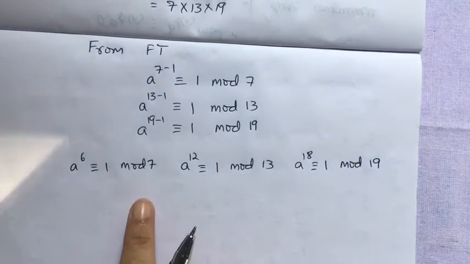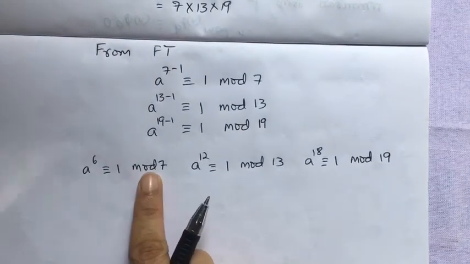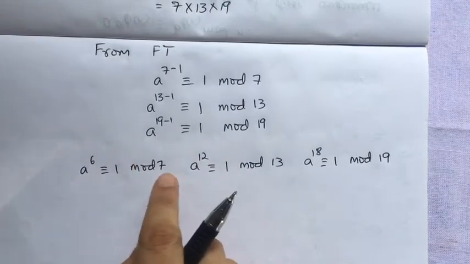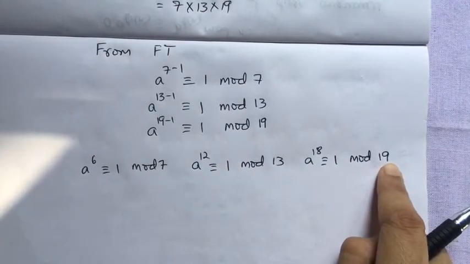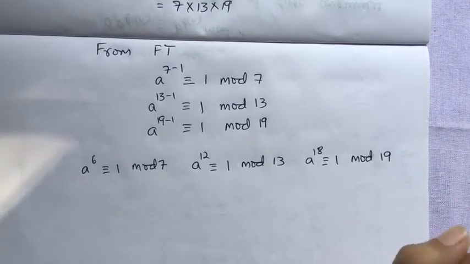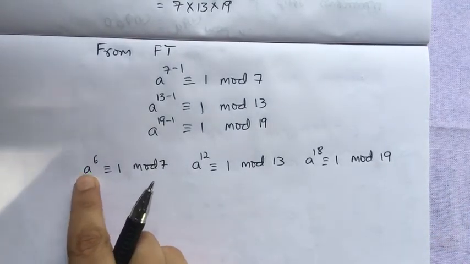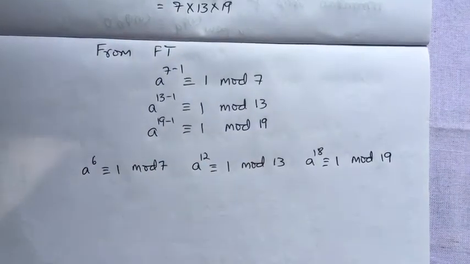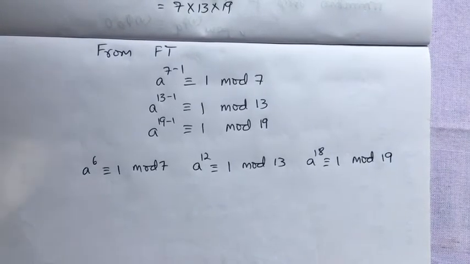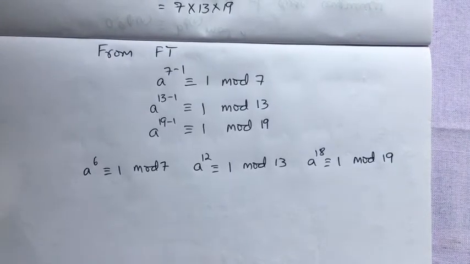Since a is relatively prime to 7, 13 and 19, when I take powers of a, that will also be congruent to 1.